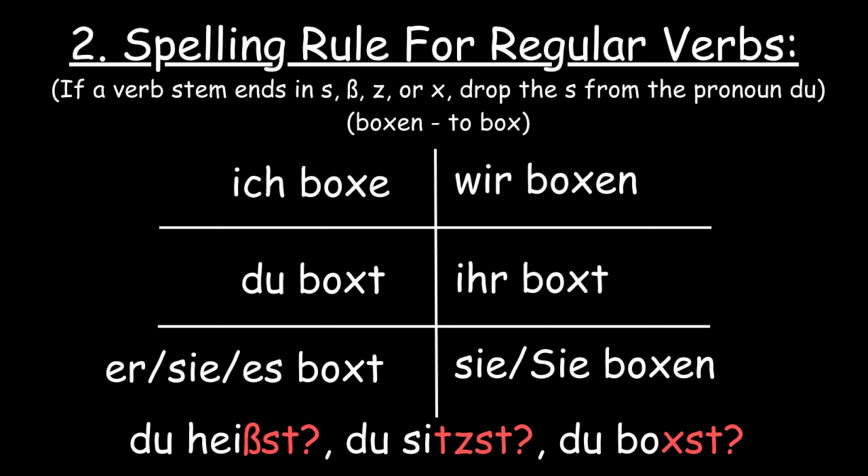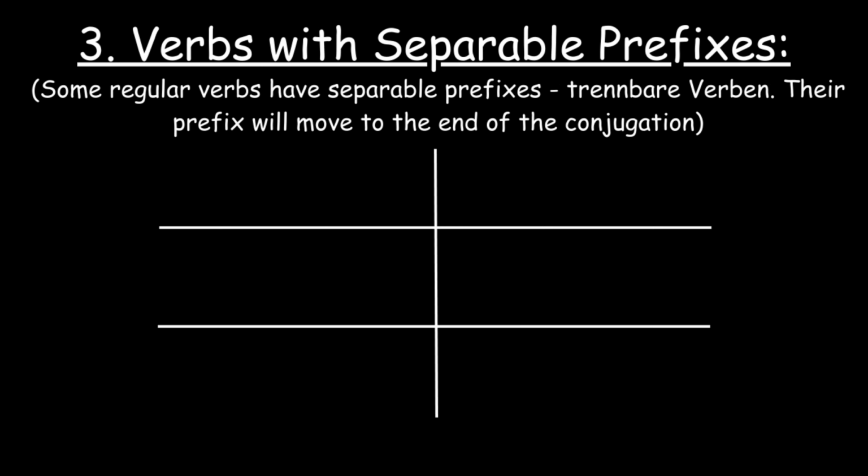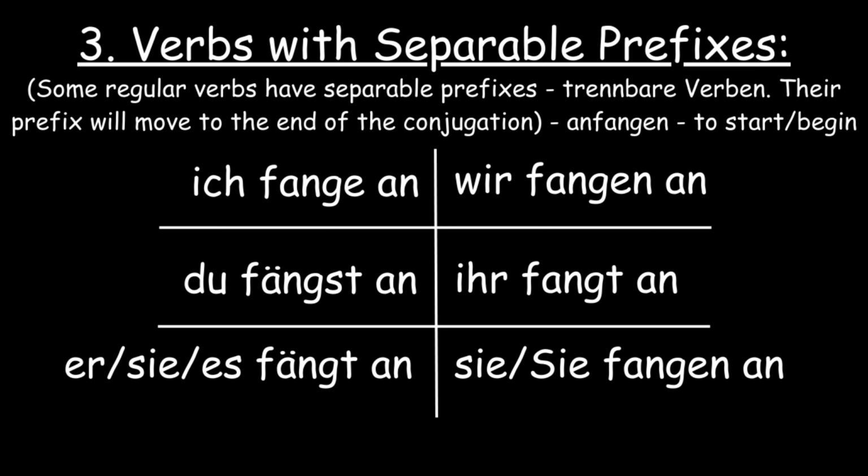The last thing to know about regular present verb conjugation is verbs with separable prefixes. In German, some regular verbs have separable prefixes, known as trennbare Verben. When conjugating such verbs, their prefix will move to the end of the conjugation. This means that a verb like anfangen will be conjugated regularly, but its prefix will be placed at the end of every conjugation.